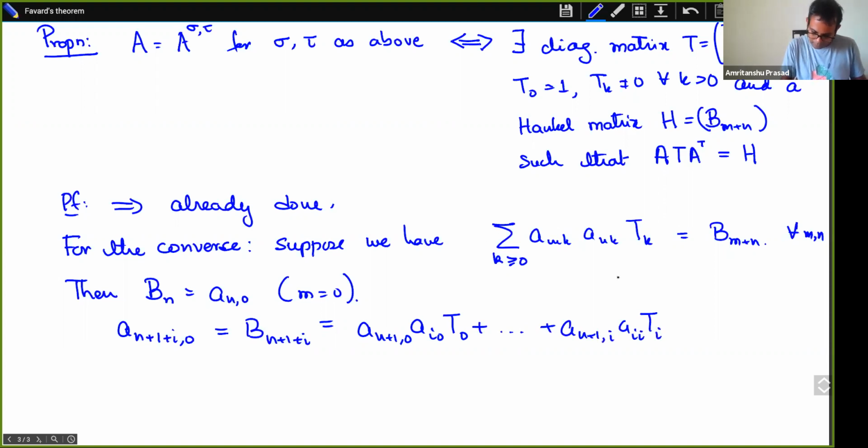That's what this sum becomes when I take m to be n plus 1 and n to be i in this sum. And this allows us to solve for A_(n plus 1, i) in terms of A_(n plus 1, 0), A_(n plus 1, 1) up to A_(n plus 1, i minus 1) and all these other terms.